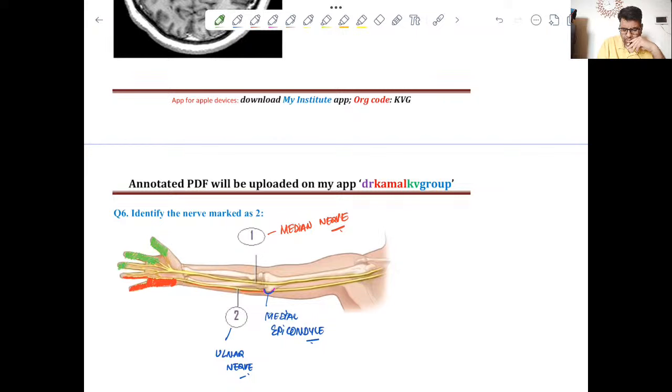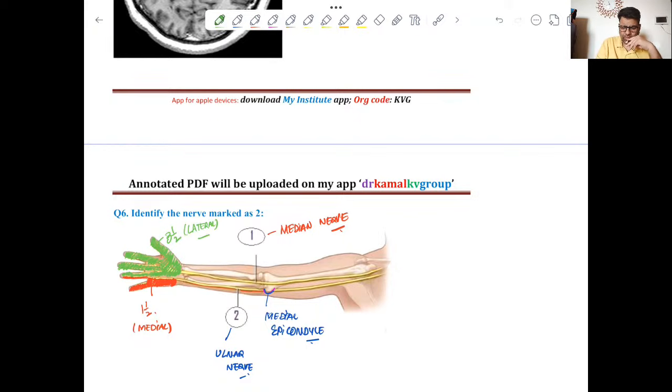So if you can just mark out these structures and these areas on the volar aspect, you can also answer the two nerves, because this nerve is supplying 3.5 and this one is supplying 1.5. Clear? So 1.5 is medial side, because little finger is medial side, and 3.5 is on lateral side.